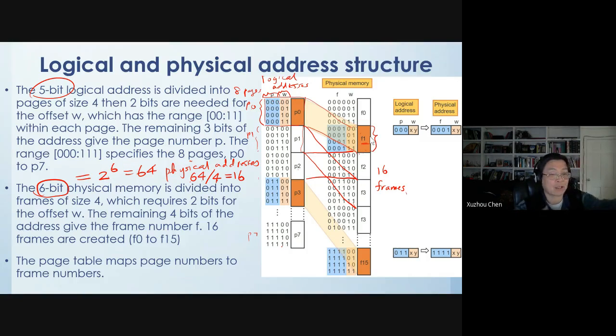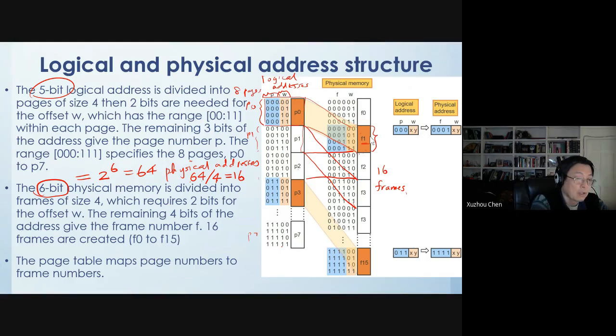All I need to know is, do I have 4 frames in the physical memory? If I have 4 frames, then I can load these 4 pages into the memory. It doesn't matter where each of these frames is. These frames could be separated.